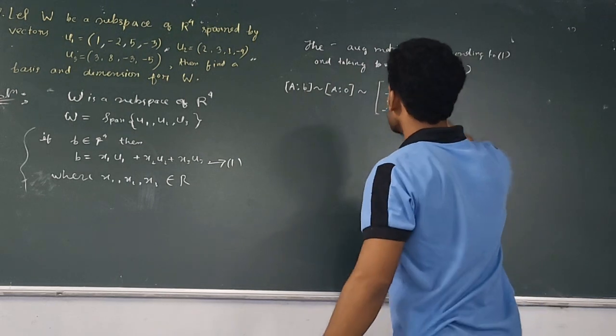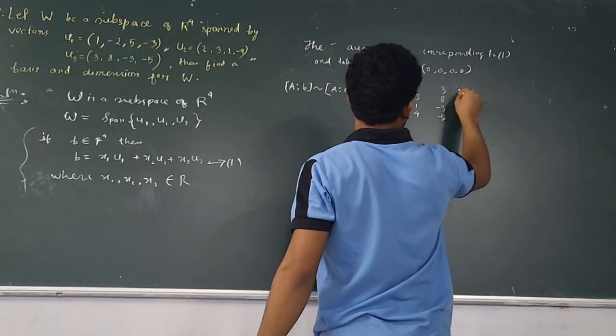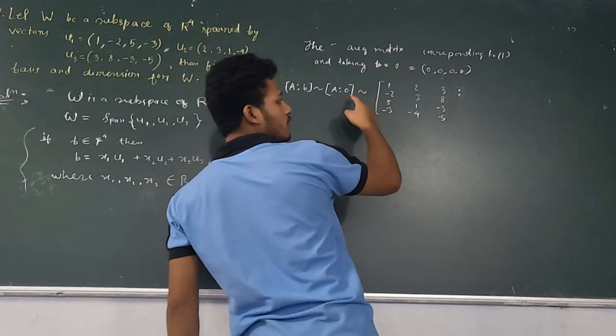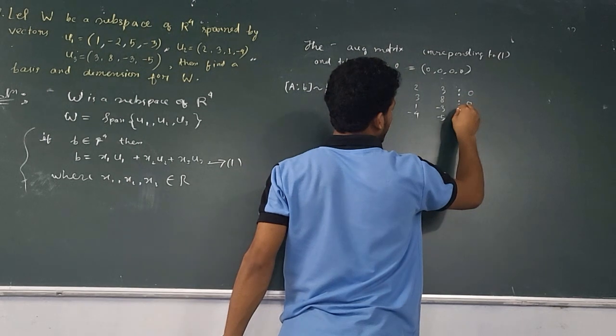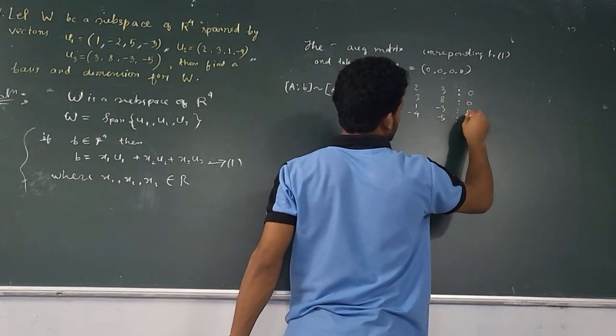Since it is [A | 0], the last column will be 0, 0, 0, 0.